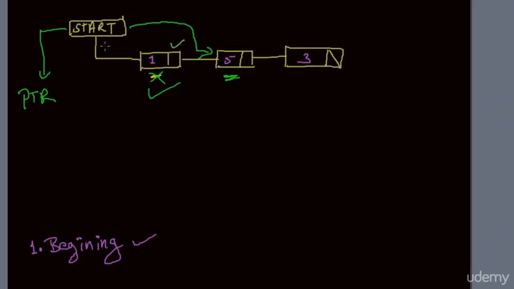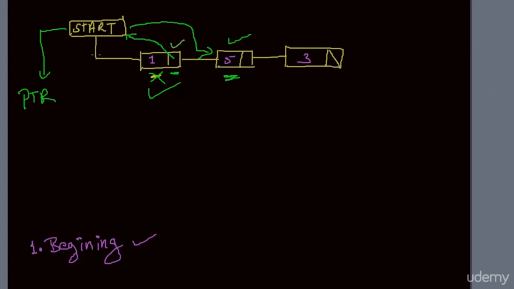And the second thing we will do is, as the link part of this node contains the address of node 2, we would copy the link part of node 1 to start.